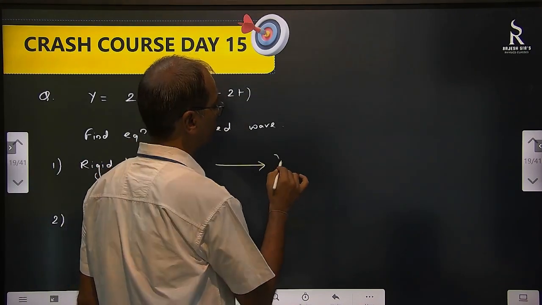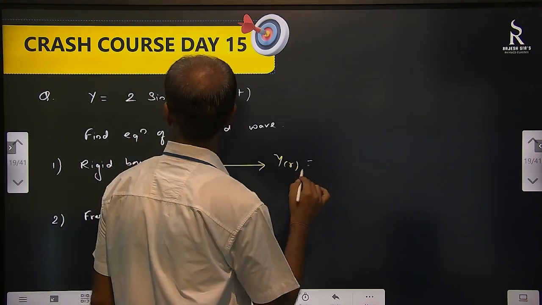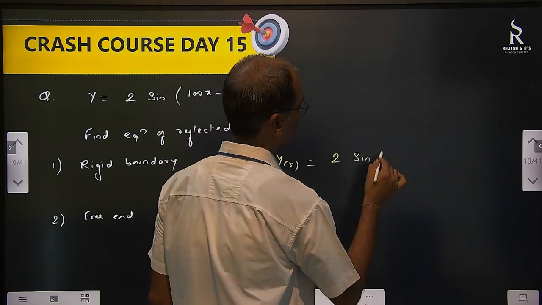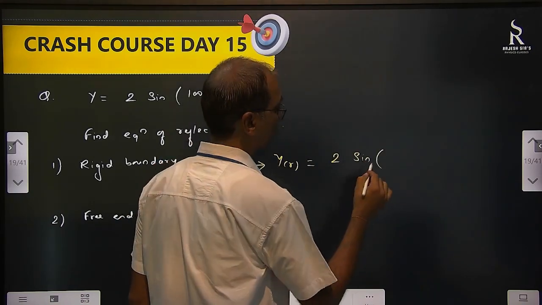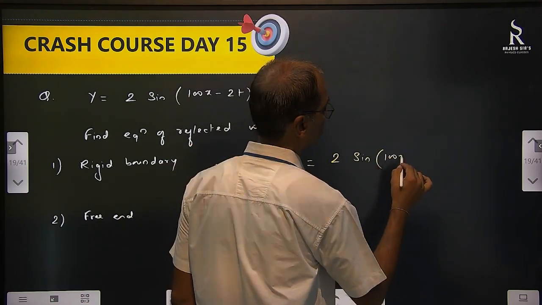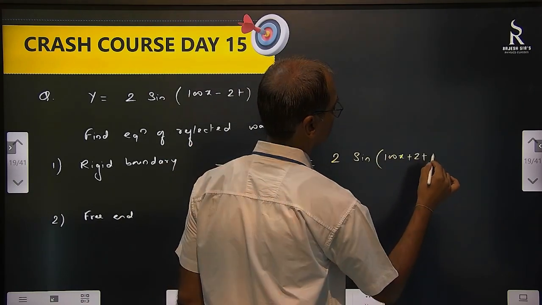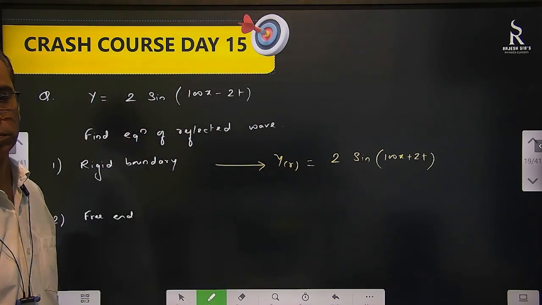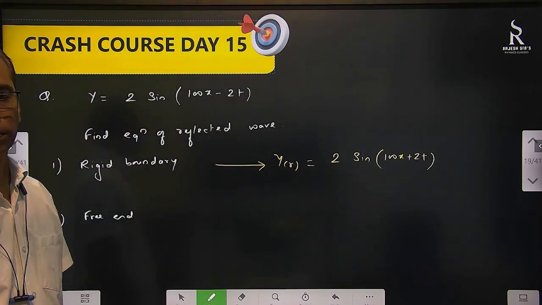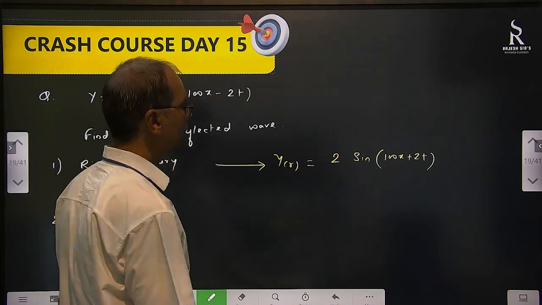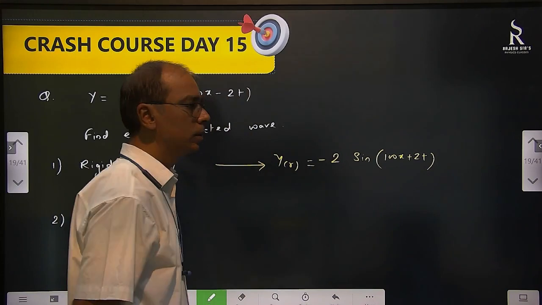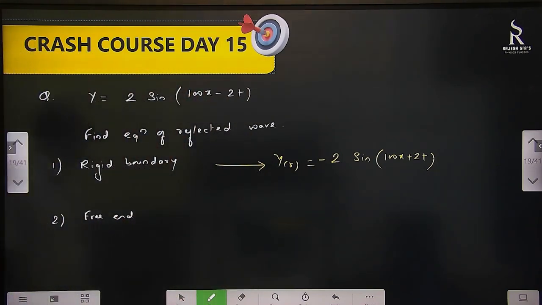So y reflected equal to 2 sine (100x plus 2t). I change its direction. And at the same time, we know that there will be a phase change of 180 degrees, so minus 2.